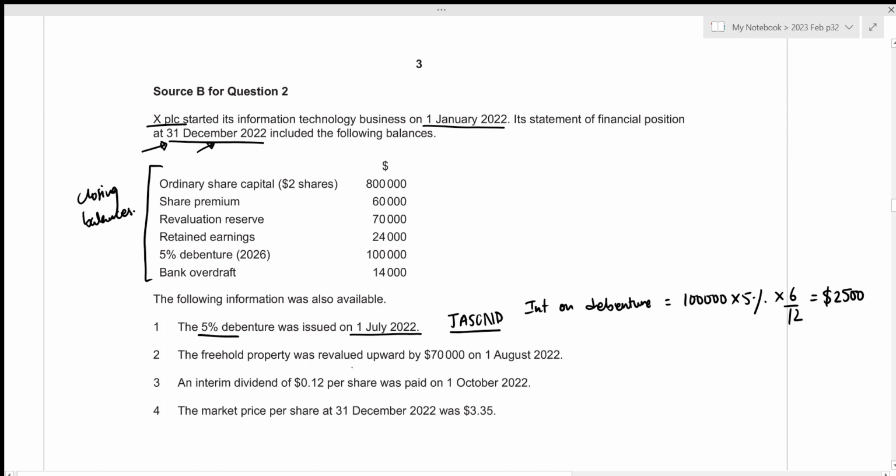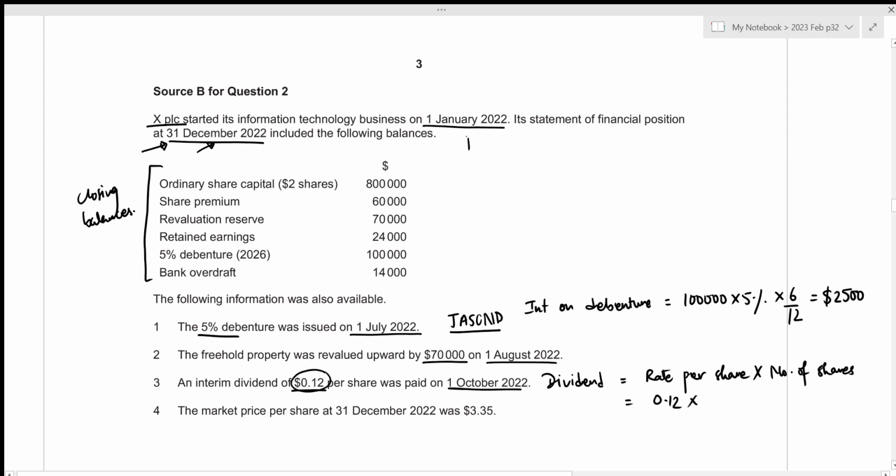Then we are told that the freehold property was revalued upward by 70,000 on 1st August 2022, and an interim dividend of 0.12 per share was paid on 1st October 2022. Let's figure out the dividend amount as well. This is just going to be the rate per share times the number of shares. We already have the rate per share to be 0.12.